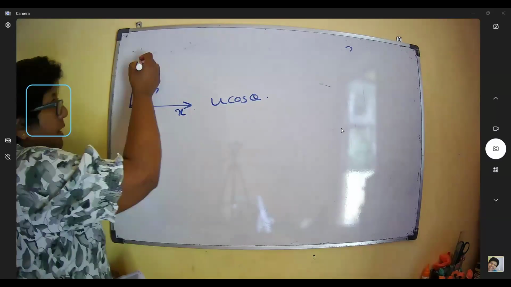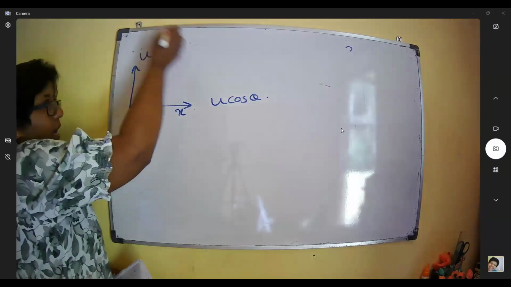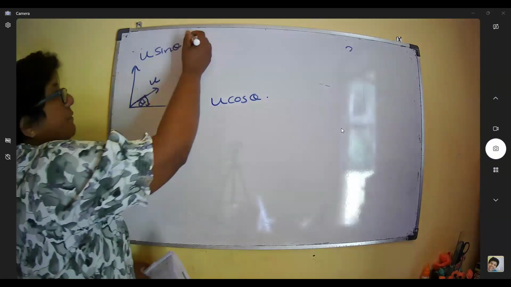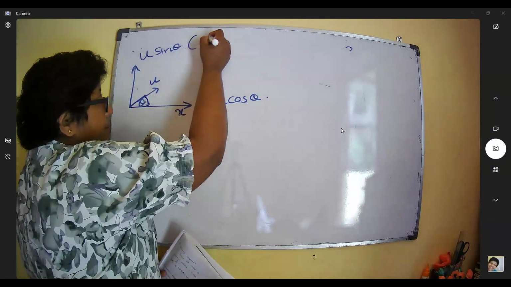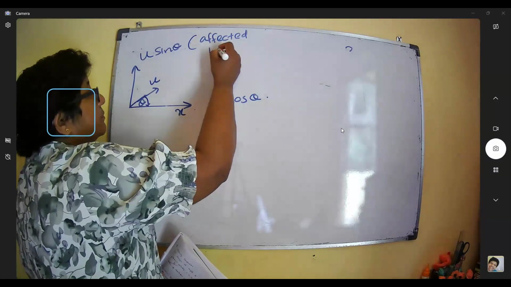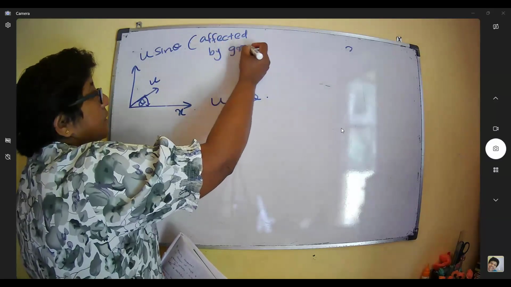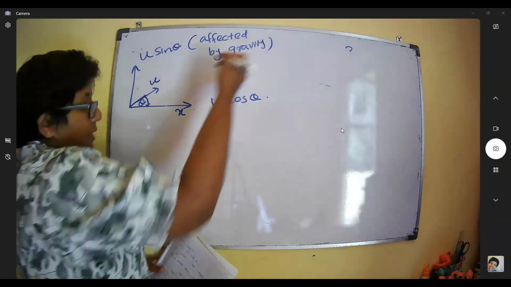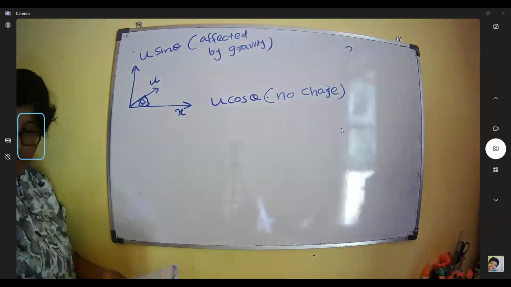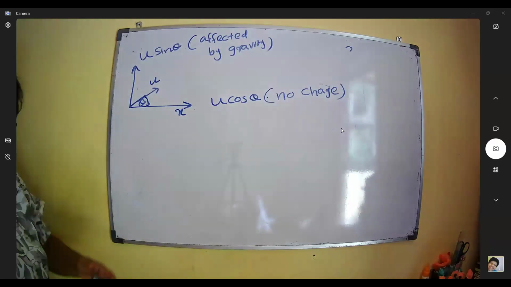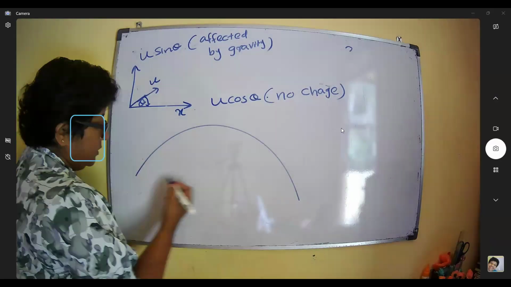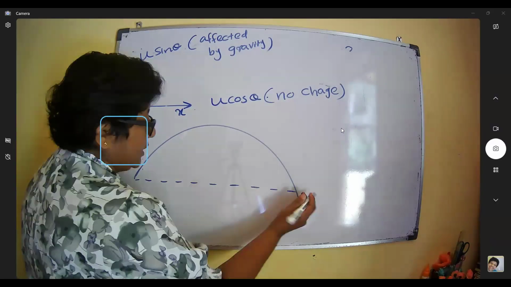And the other one is u sin theta in the vertical component, right? This is affected by gravity, but u cos theta, this one has no change, right? Then the path is a parabolic path. These are the things under projectile motion, right? This is the parabolic path in projectile motion.